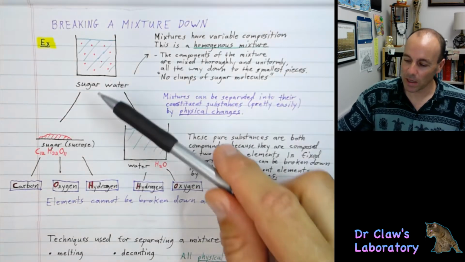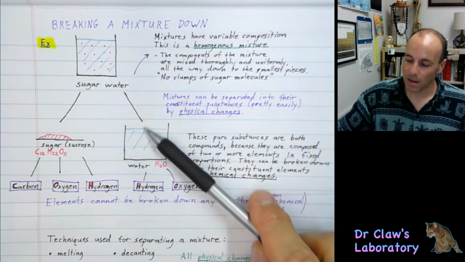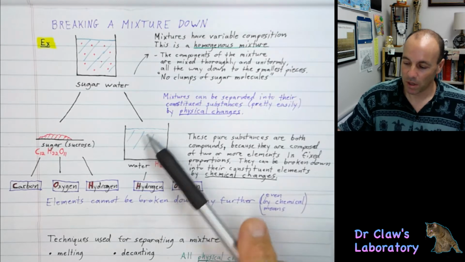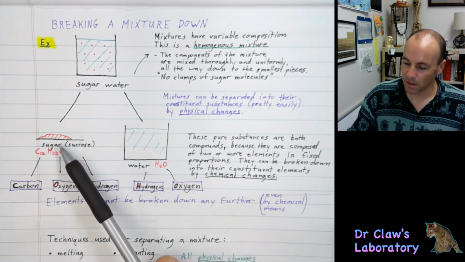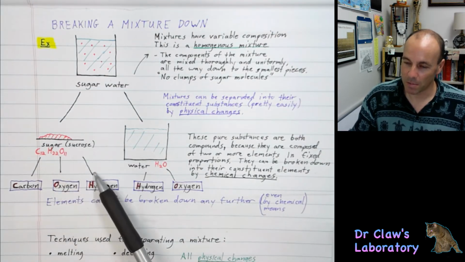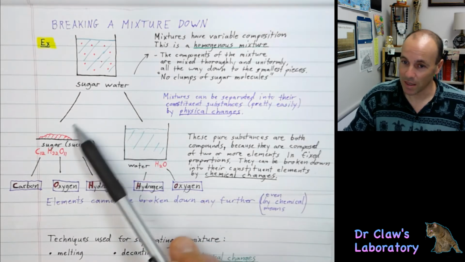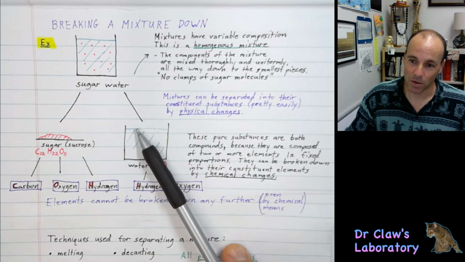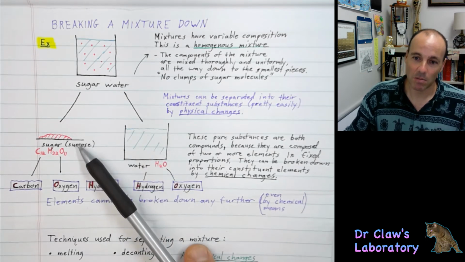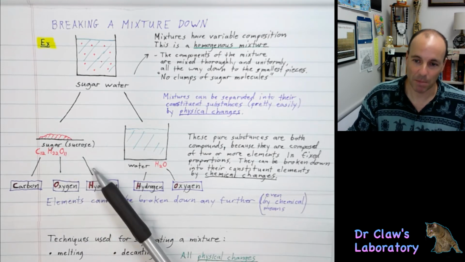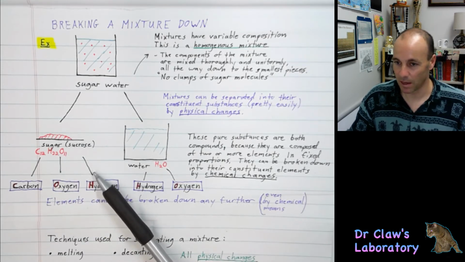It's usually easy to separate a mixture. It's a little bit more difficult to divide up a compound into the elements. It's easy to break up a mixture into its components, but it's more difficult to break a compound up into its elements.